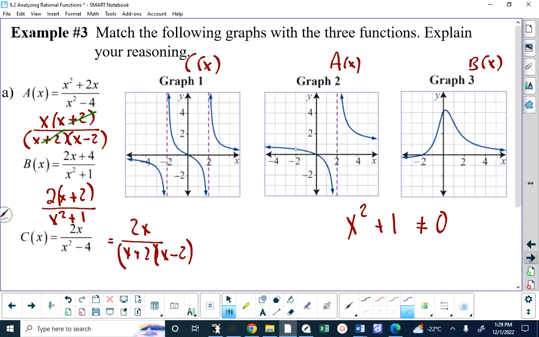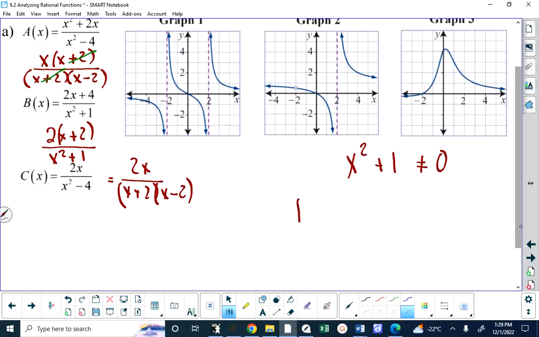If you tried to solve this using the quadratic formula, like imagine this is equals, not equal to, you would have negative b, which is nothing, plus or minus the square root of b squared minus 4ac over 2a, which would be 2.